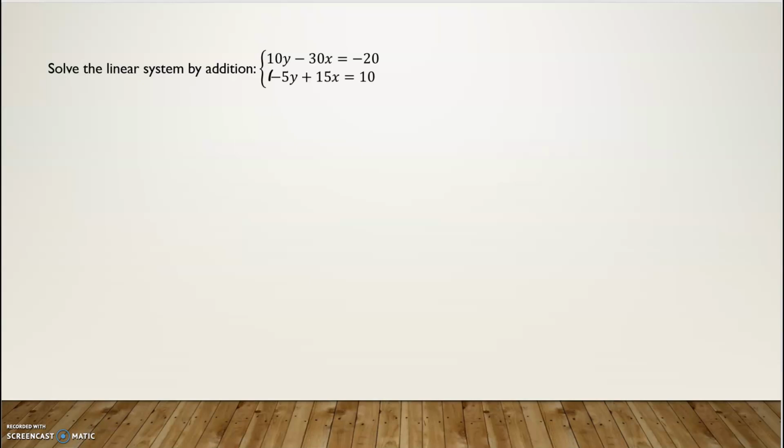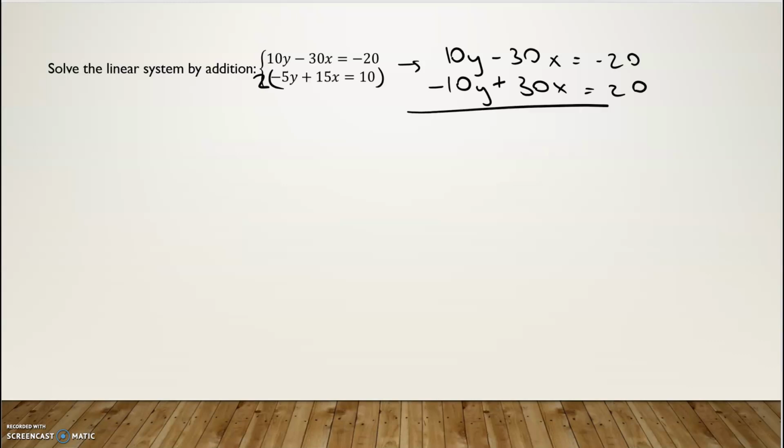So I'm going to multiply this by 2. So 10y minus 30x is equal to negative 20. And then that's going to be negative 10y, oops, sorry, that would be plus 30x is equal to 20.